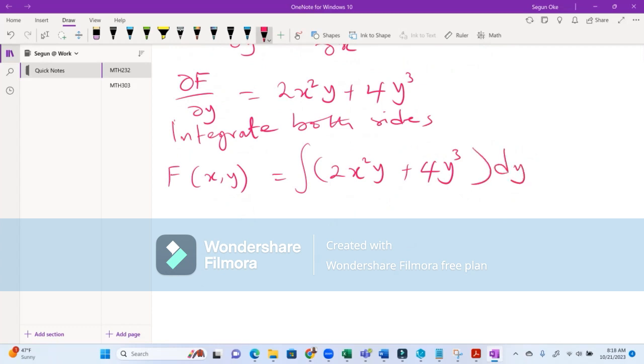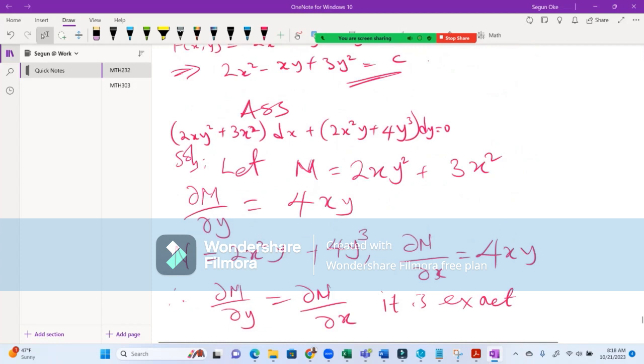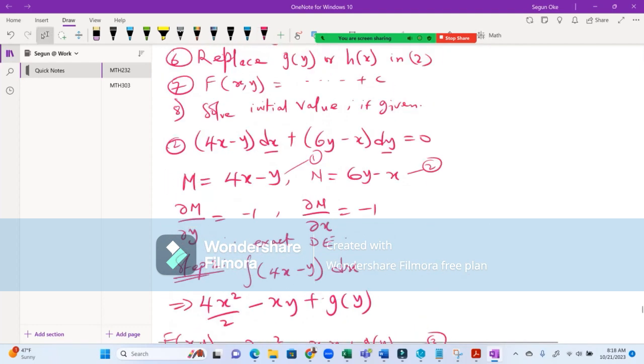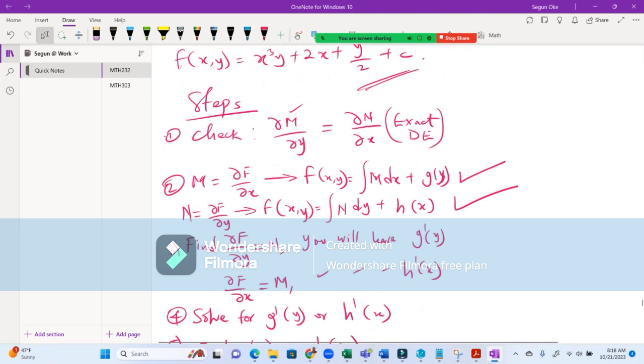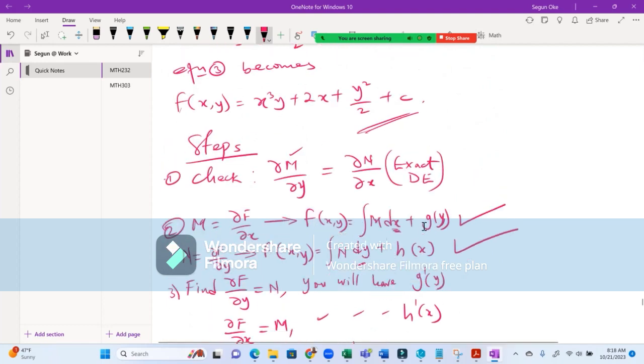If you go back to step 2, remember, we are using n. So if you're using n, you integrate n with respect to y. If it is m, you integrate it with respect to x. Please don't forget those two things.